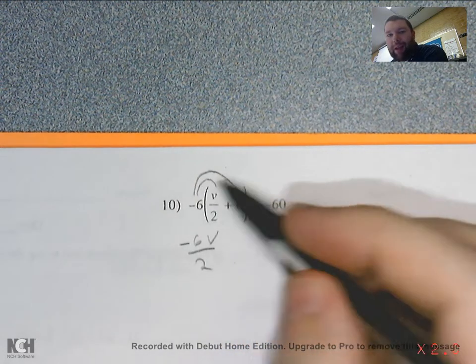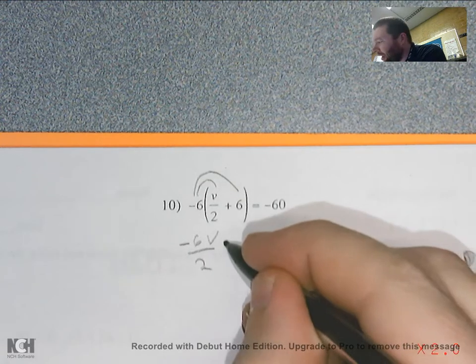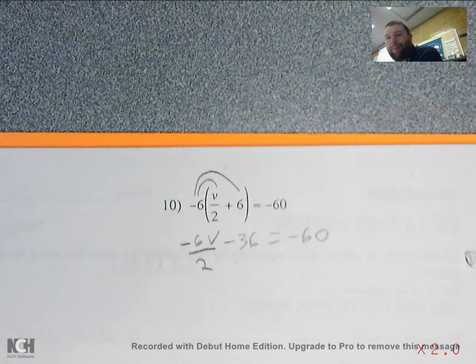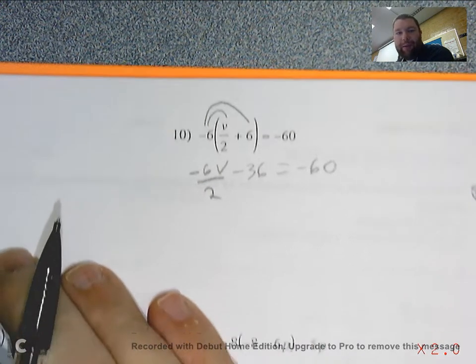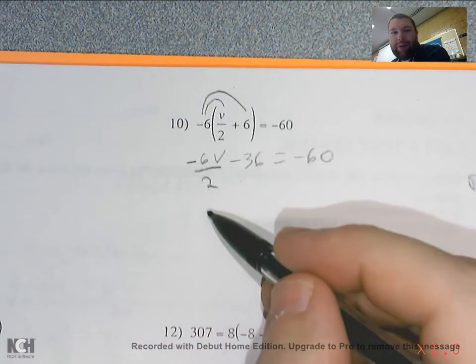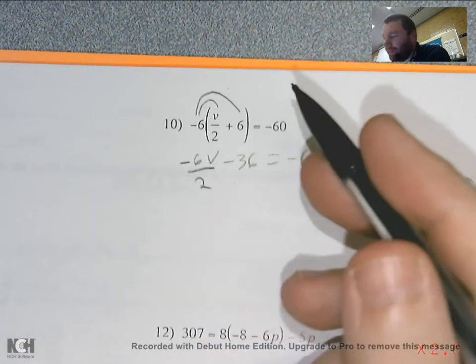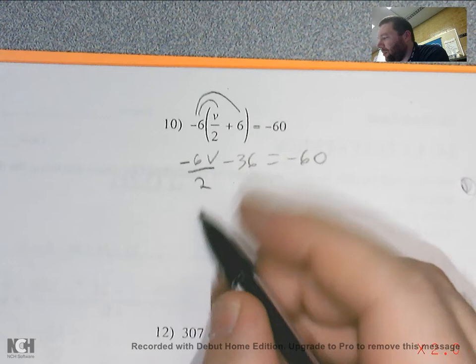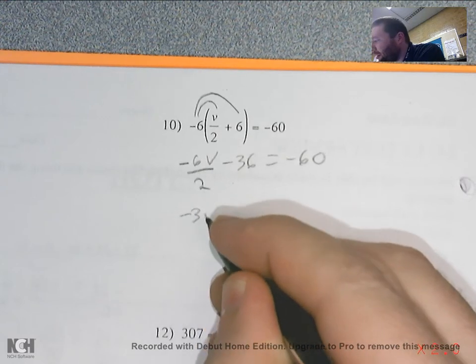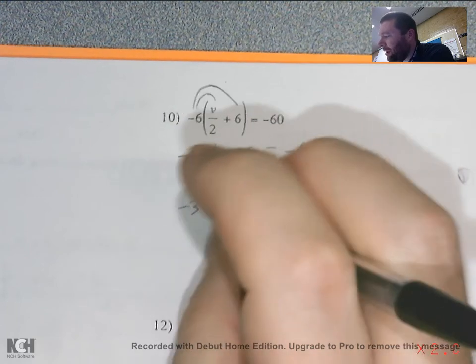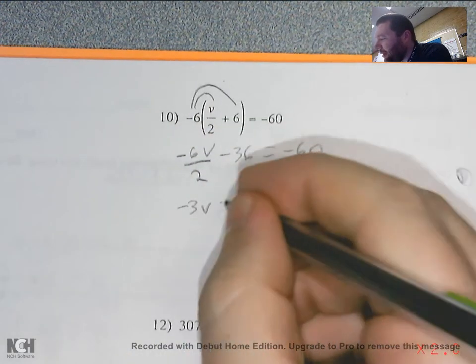Okay? And then negative 6 times 6 would be negative 36 equals negative 60. Now, let's look at this negative 6 over 2. Can I simplify that? Can you divide 6 by 2? Yeah. Negative 6 divided by 2 would be a negative 3v.